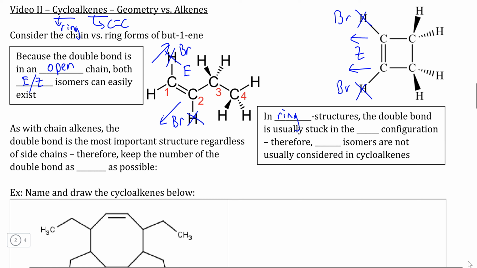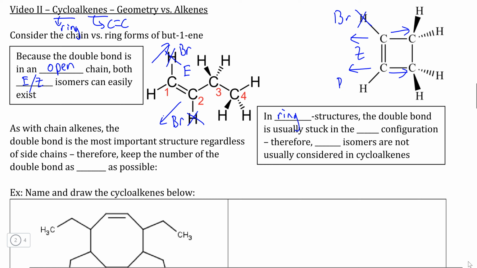But the downside of the ring structure is that the double bond is part of the ring structure itself. So this carbon is attached to this carbon here, and this carbon is attached to this carbon here, and if we wanted the E form, we would need to substitute this bromine for this carbon in the ring, but then the ring would not be physically possible.